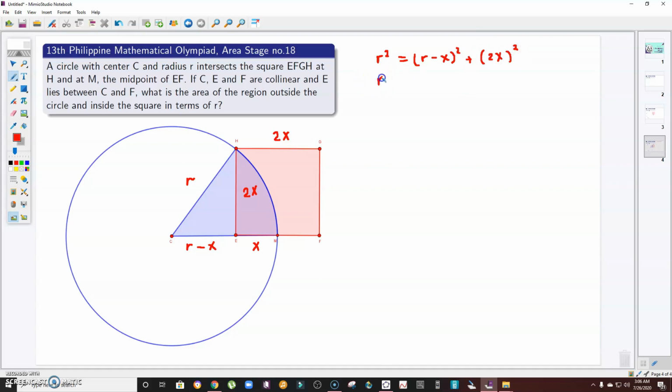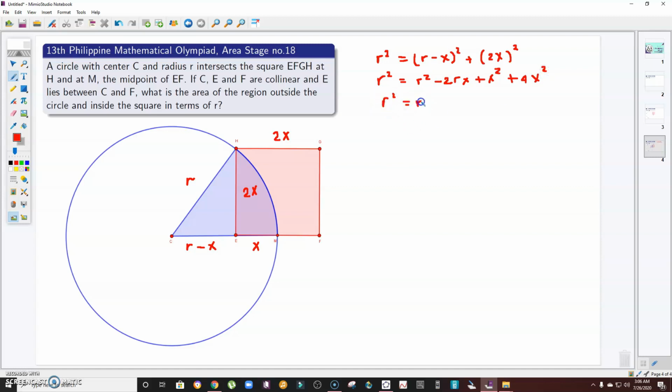Let's expand this one. R squared equals R squared minus 2Rx plus x squared plus 4x squared.